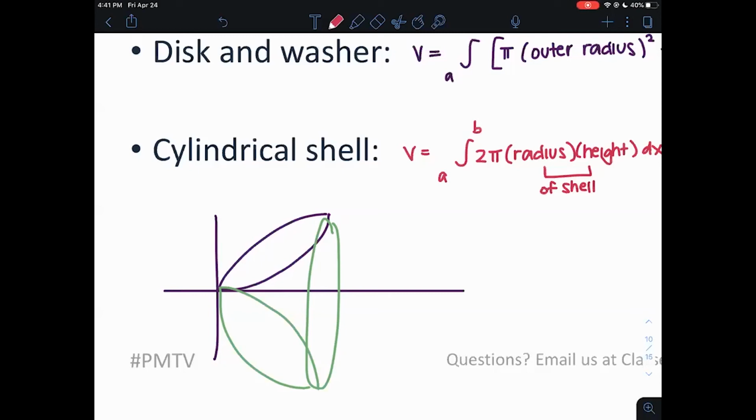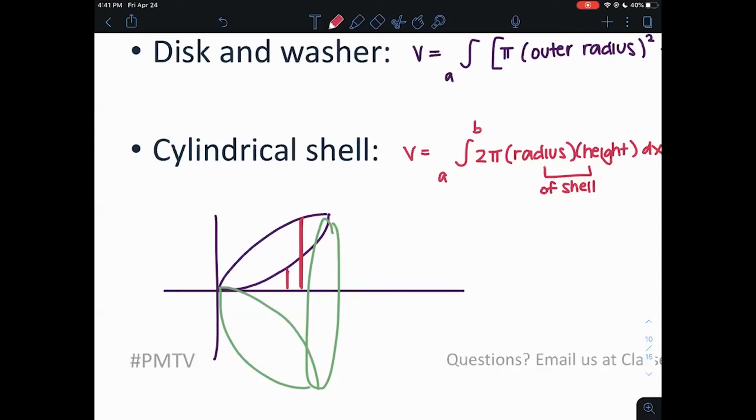And if we would try to figure out what that actually is geometrically, go all the way back to geometry, we could find the area of the outer circle and subtract the area of the inner circle. The area of the outer circle would be pi r squared with this radius, and the area of the inner circle would be pi r squared with this radius.